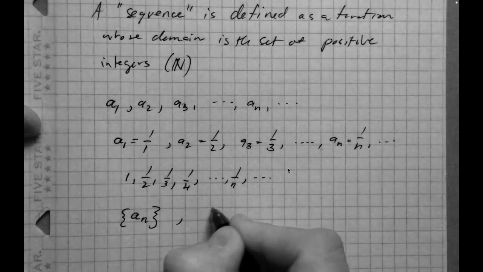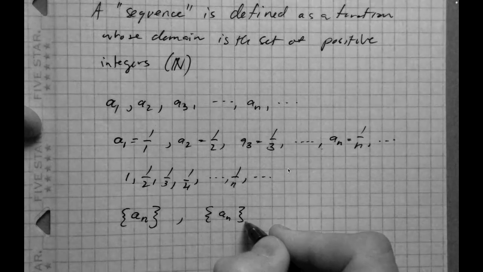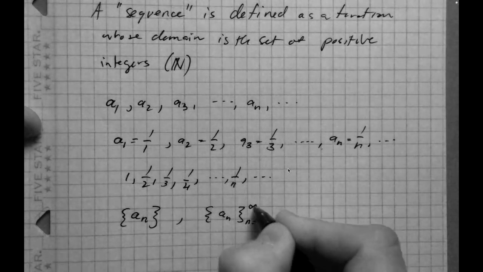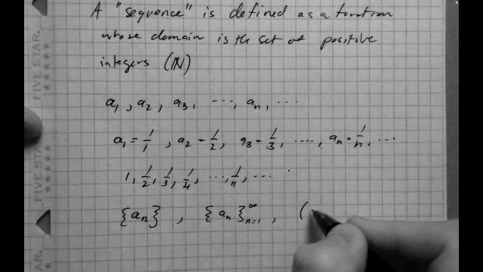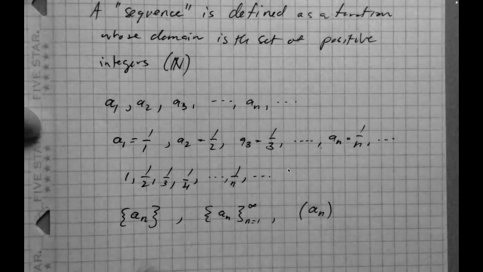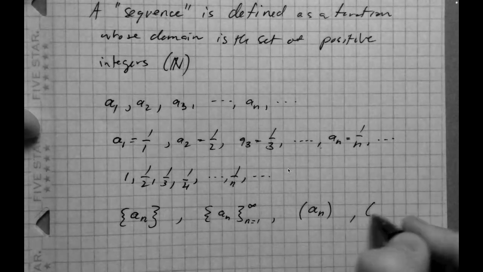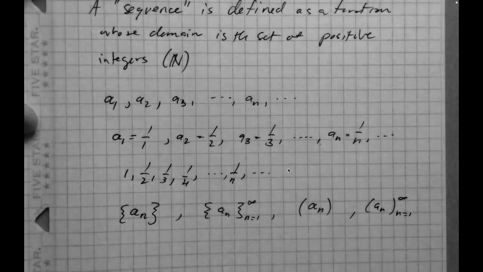Another way you might see is putting on the indices, so the sequence {a_n}, where n is equal to 1 to infinity. I've seen that also. Occasionally you'll see just a_n inside parentheses without the brackets. So these are just different ways to denote the same thing.